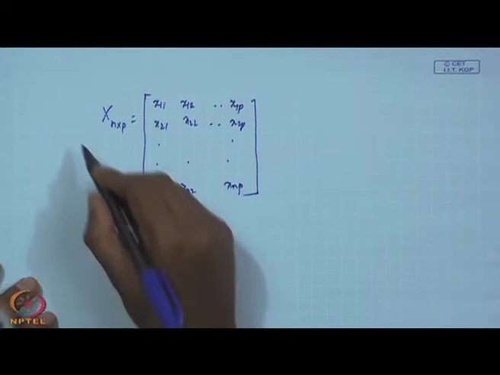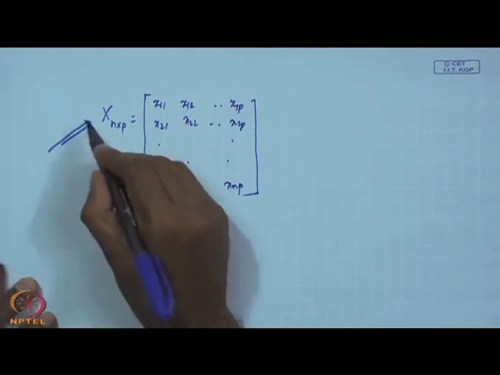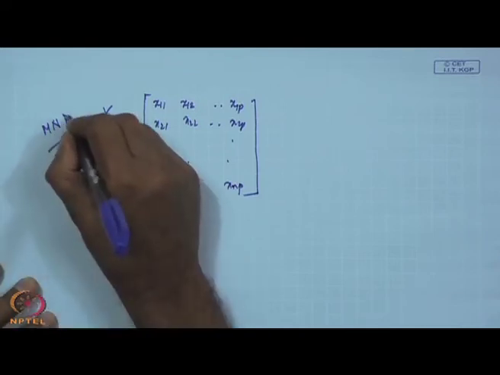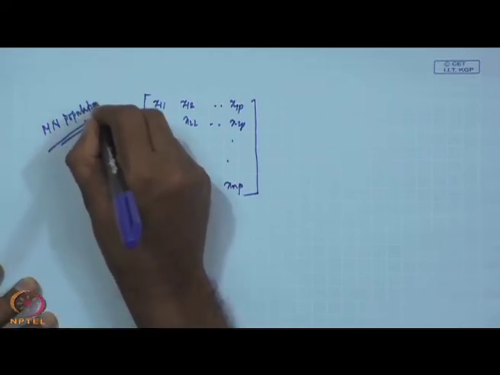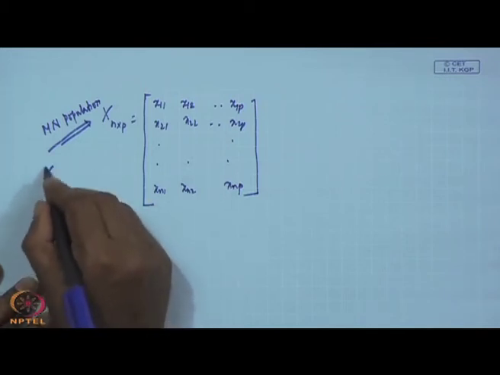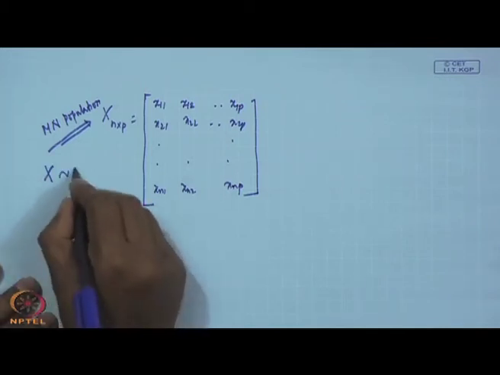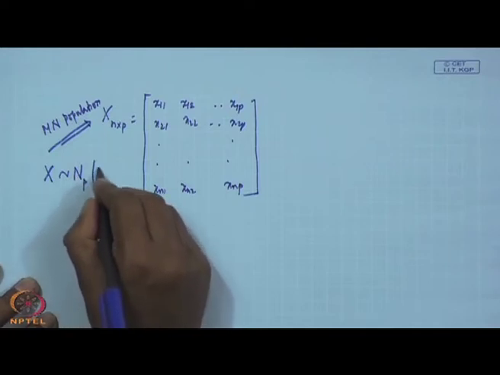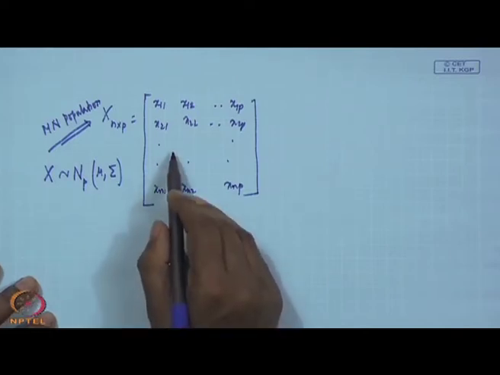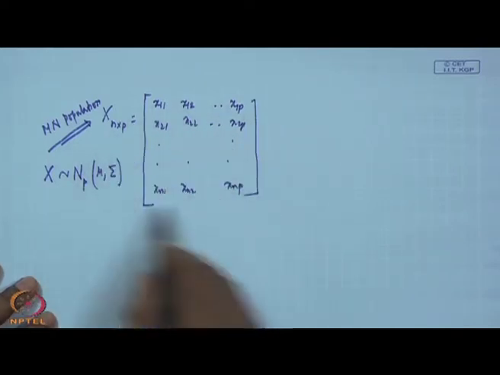We are saying that we have collected the data from a multivariate normal population, and we are defining that our x is multivariate normal with p variables, mu and sigma, the population parameters. What is the guarantee that your data is multivariate normal?